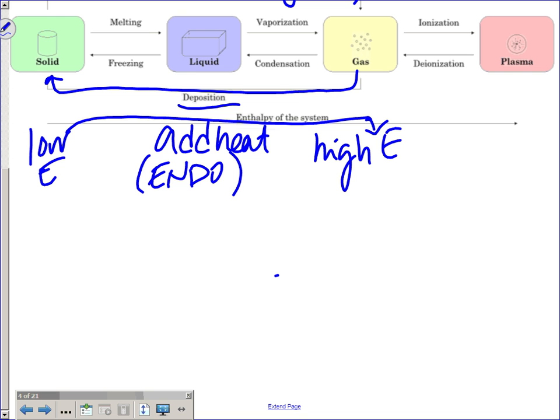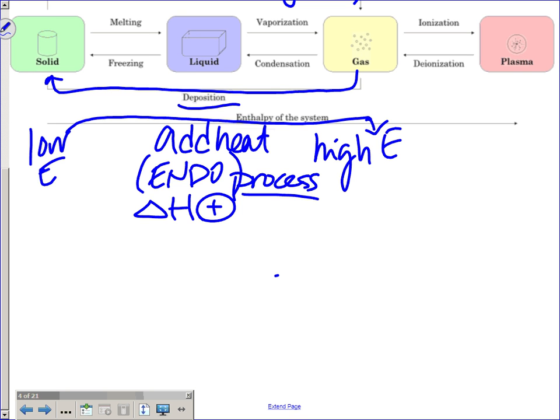Adding positive energy is a delta H process that has a positive value associated with it. So the enthalpy is positive. That's called an endothermic process. And I'm going to put process here on purpose, because what you'll notice is that we are not talking about a reaction here. It's just melting, and then it's just turning to gas. It's not a reaction. Reactions are synthesis, decomposition, combustion, double and single replacement. This is just a process.